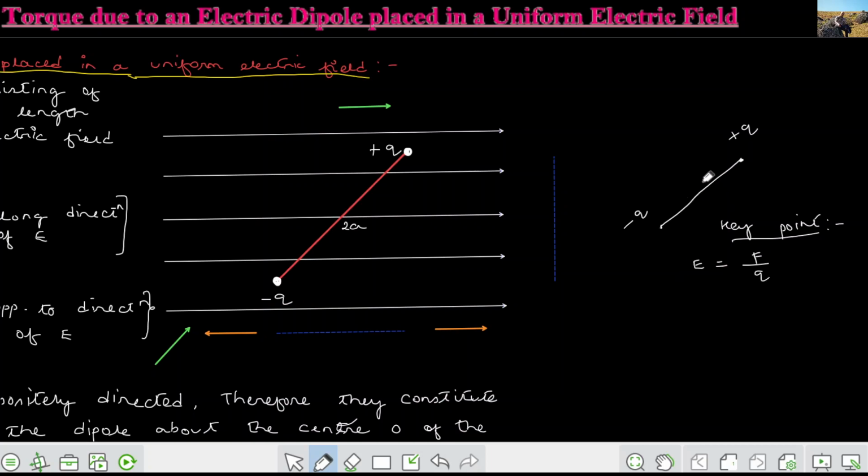And when we learn about an electric dipole, there is one term which we define as the electric dipole moment. The electric dipole moment is a vector quantity, and it is always directed from the negative charge to the positive charge.